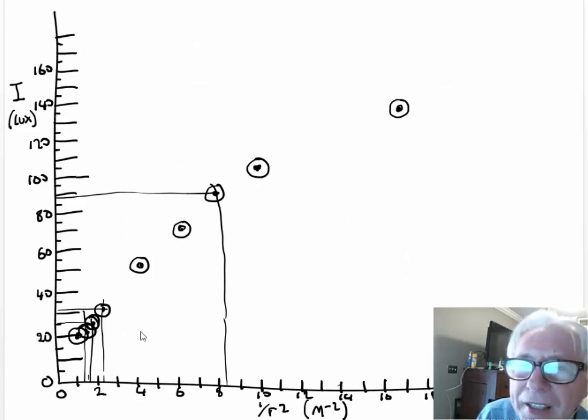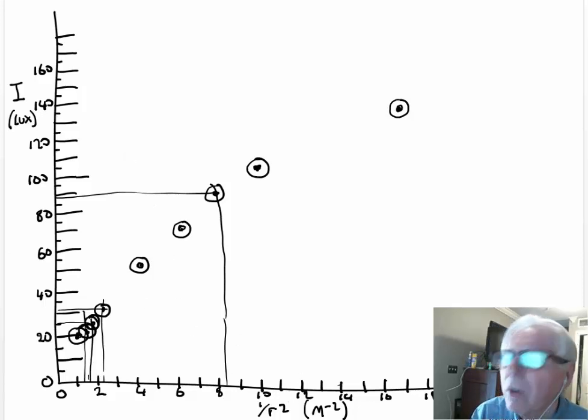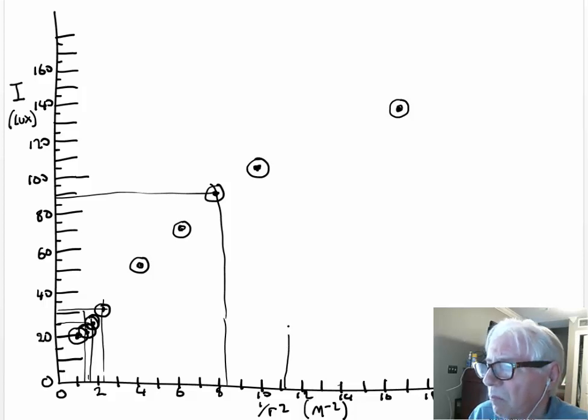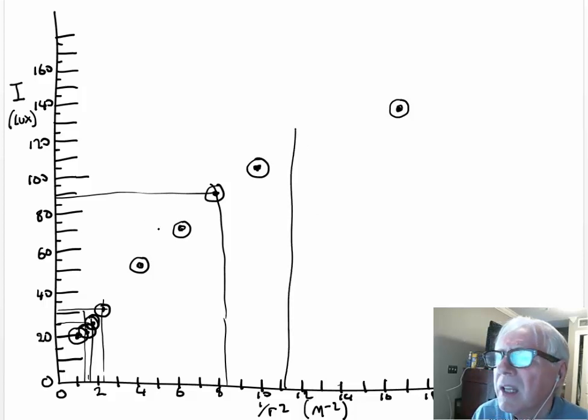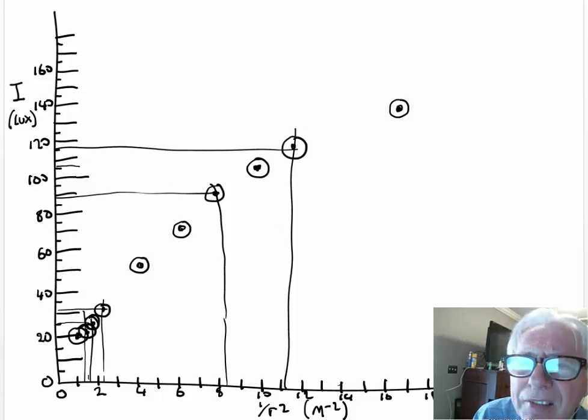And if I look at my data, I have 11.11 and 116. So 11.11 and 116 is about there. And then I have a couple of data points that aren't that useful to me actually.